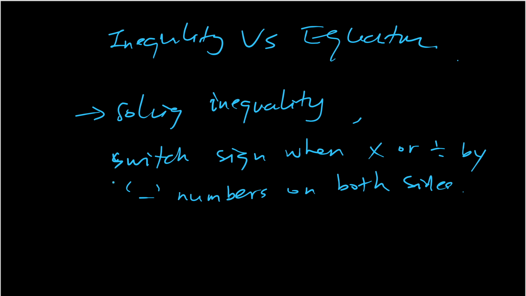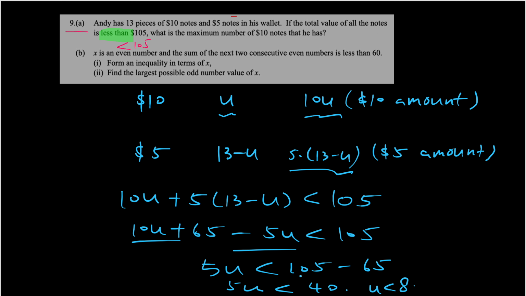This is the only difference. Other than that, it's the same. For example, just now, did we times or divide by a negative number? No, because we divide by 5, so no need to change the sign. For an equation, there's no way you can change the sign. An equal sign is an equal sign. So that's the major difference when it comes to solving.